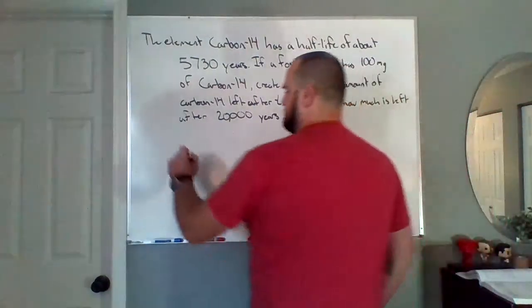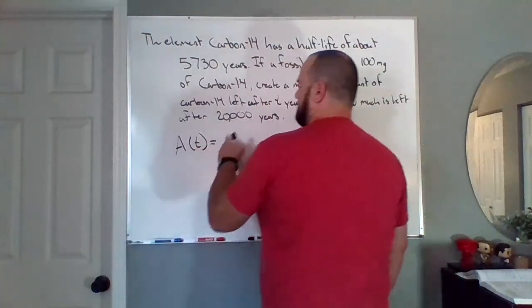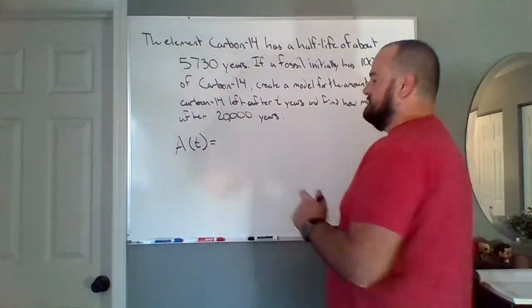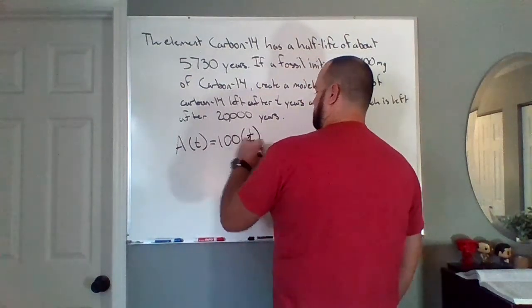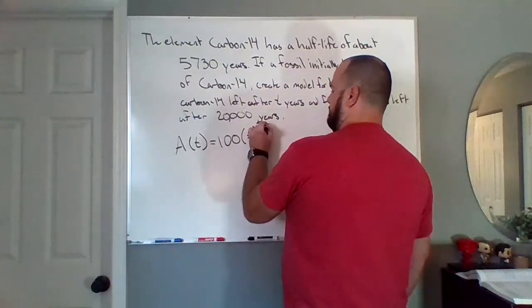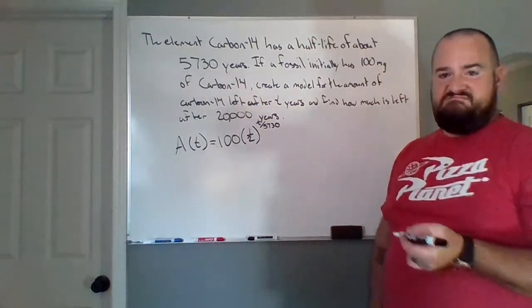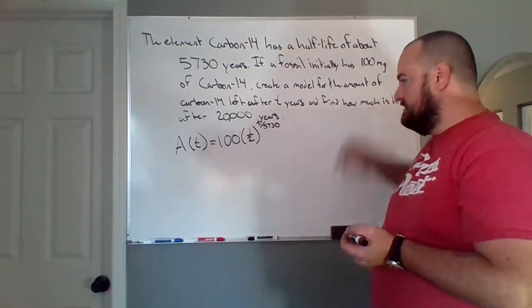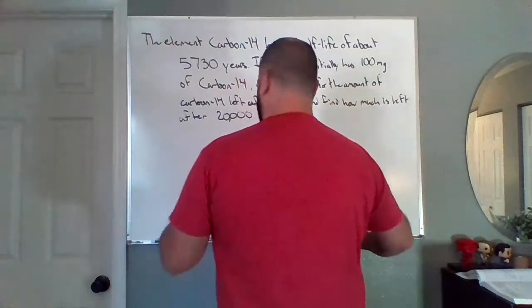So here, we can simply say that the amount of carbon-14 after t years, we need to know the initial amount, which is 100 milligrams, times 1/2 to the t over the half-life. That's it. That's all we have to do. Let me write that a little bit lower so I can write it a little bigger, make it very clear.